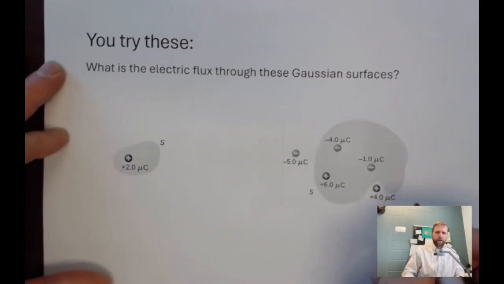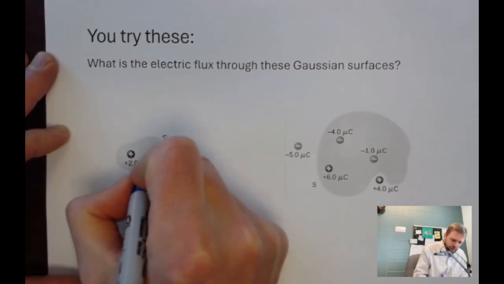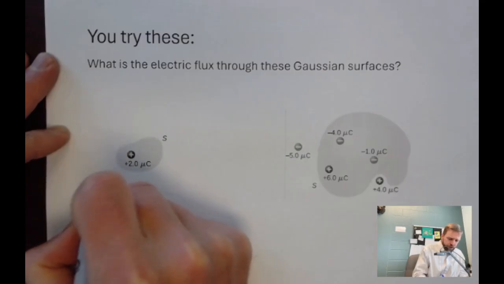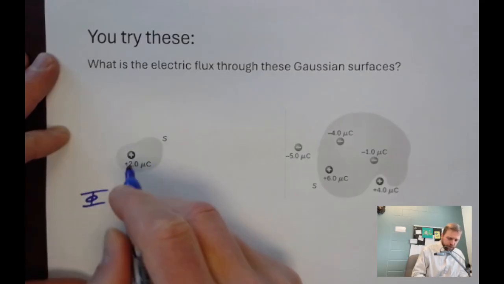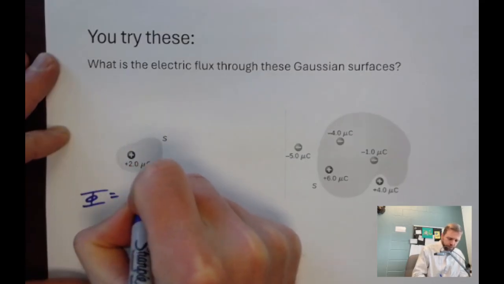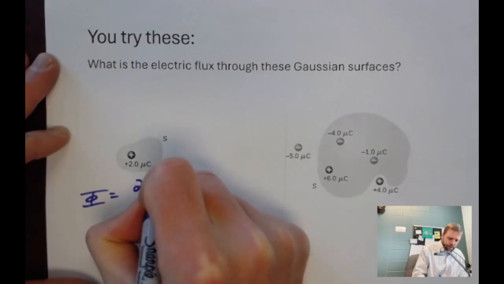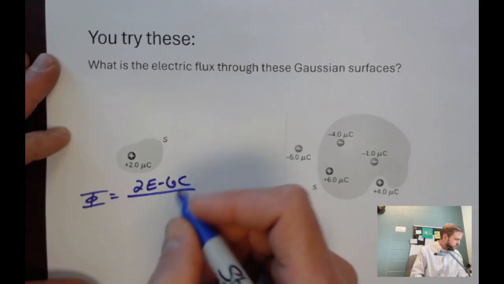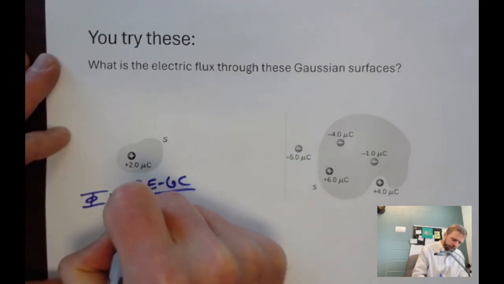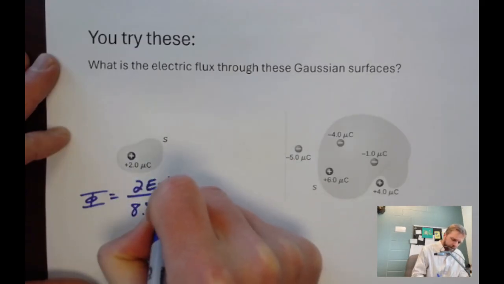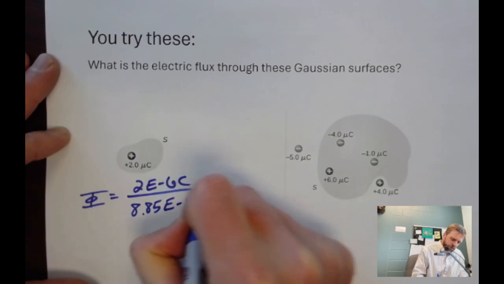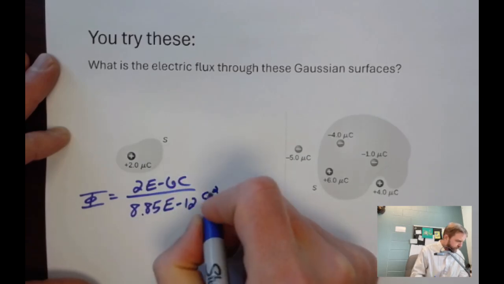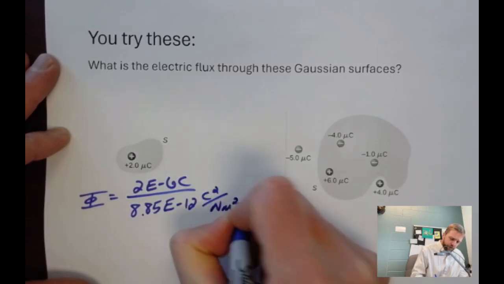All right, welcome back. Let's check your work. Here there's one positive charge that is enclosed by this surface, so I'm going to put that in here: 2e-6 coulombs over epsilon naught, which is 8.85e-12 coulombs squared per newton meter squared.